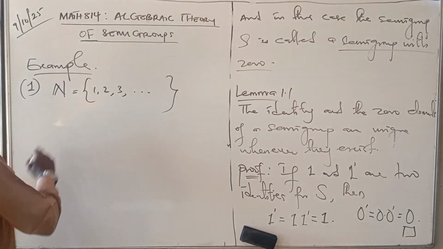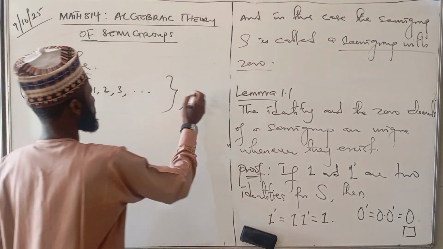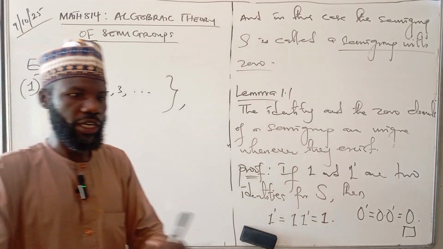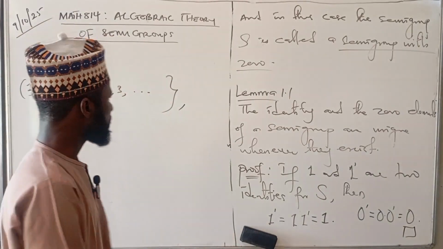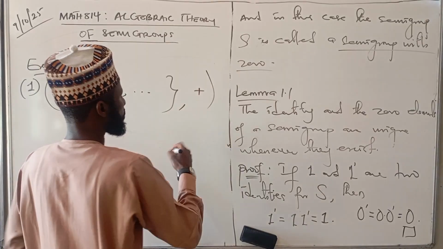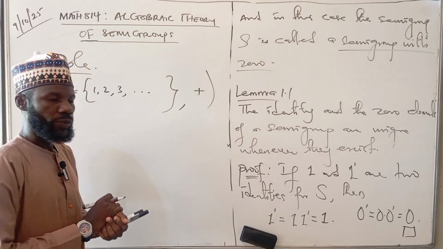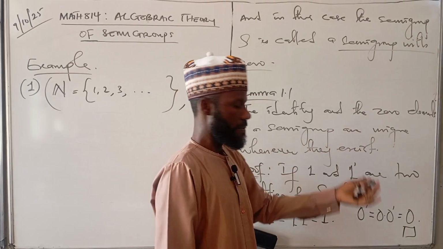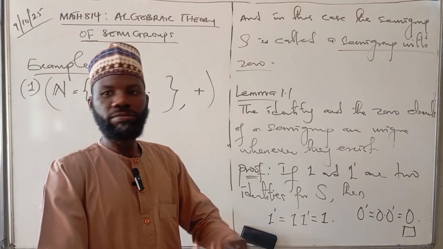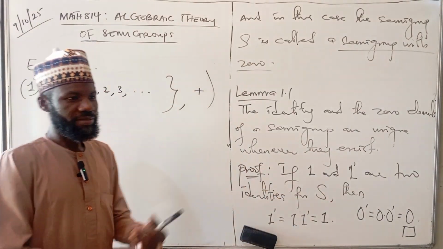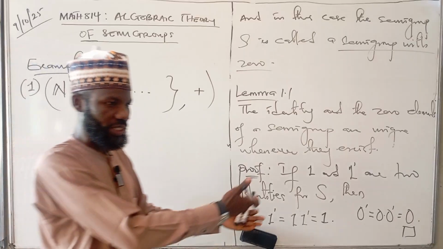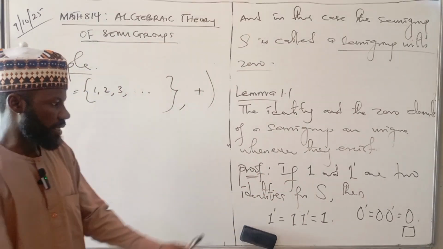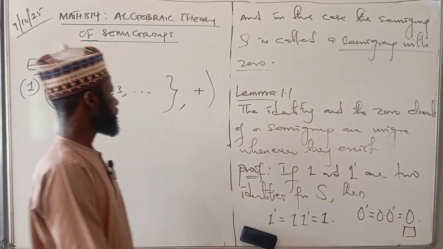It's not only a set that is a semigroup, it has to be with a binary operation. So if you take it together with addition, it's actually a pair. But I will always say S a semigroup, because the binary operation is implicitly understood, and it is denoted multiplicatively.